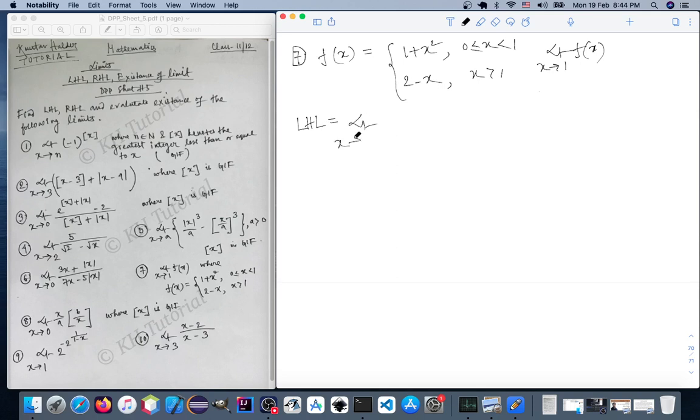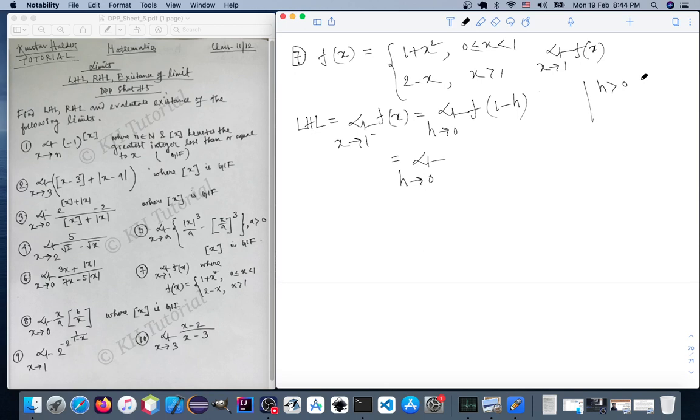It's limit x tends to 1 minus f(x) equals limit h tending to 0 f of 1 minus h. Now 1 minus h, h is a positive quantity, h greater than 0, so definitely 1 minus h will be less than 1.